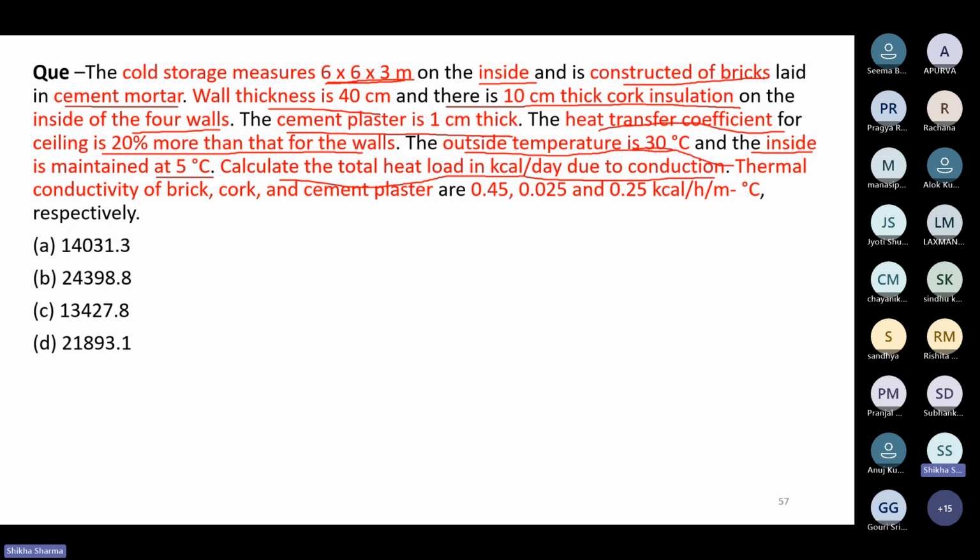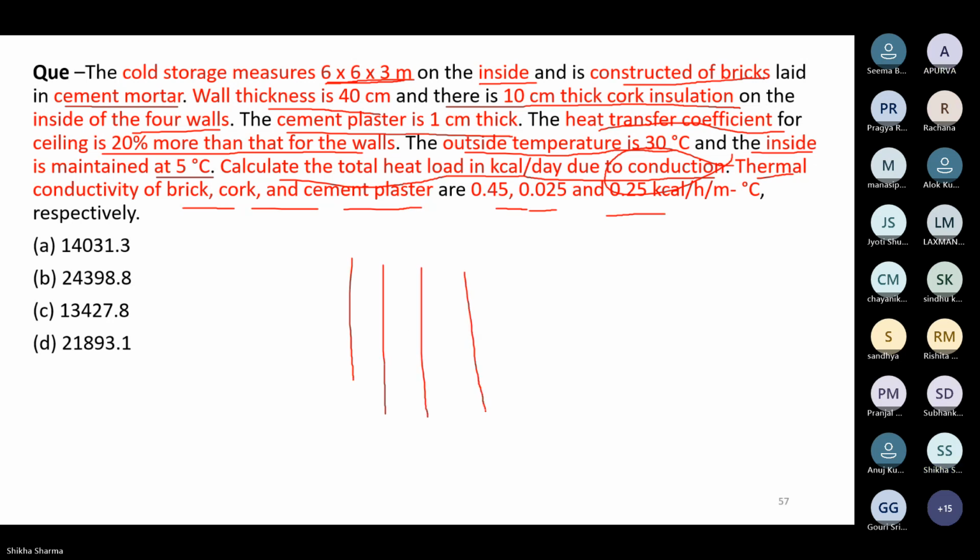So here the main mode is conduction, and the thermal conductivity of the bricks, cork and cement plaster are given as 0.45, 0.025 and 0.25. So this is a multi-layer wall setup, right? Like this in series, and conduction is going on.